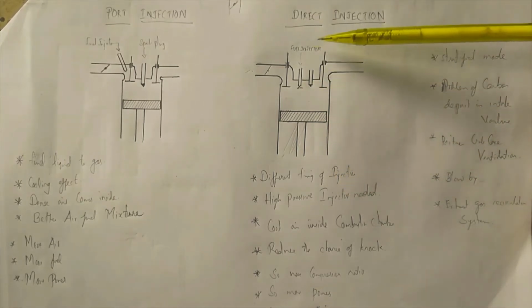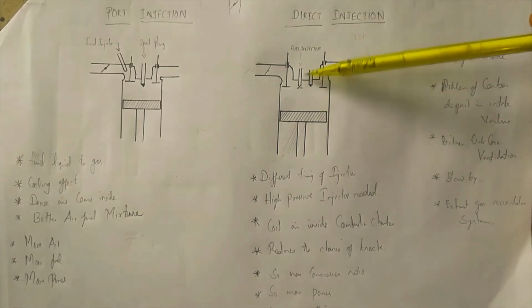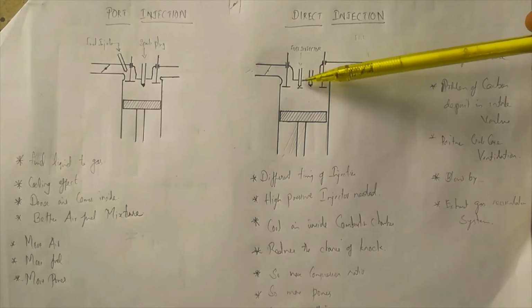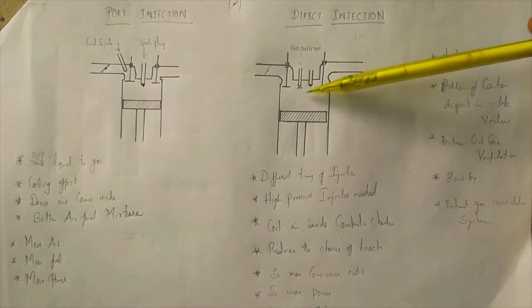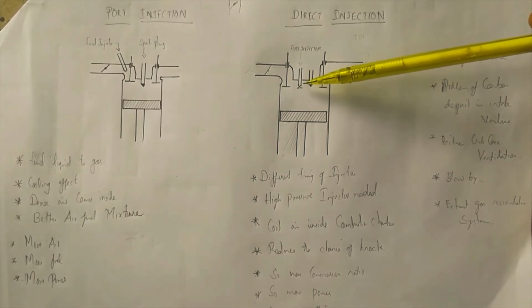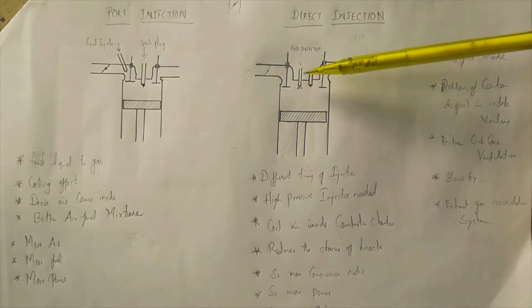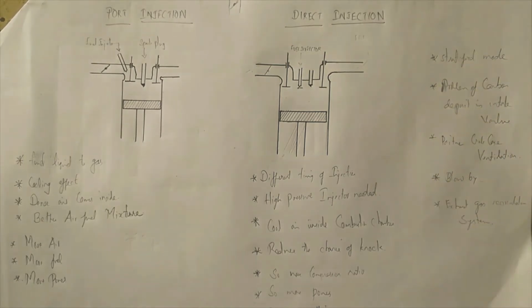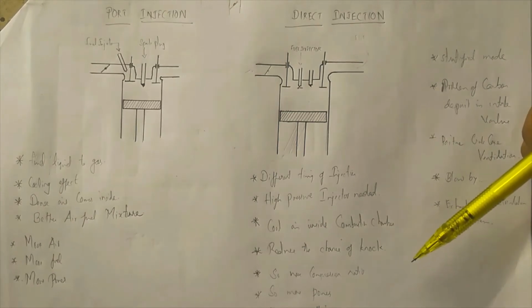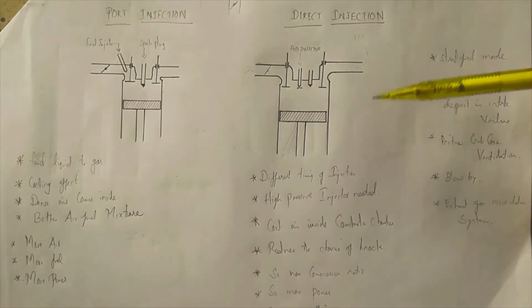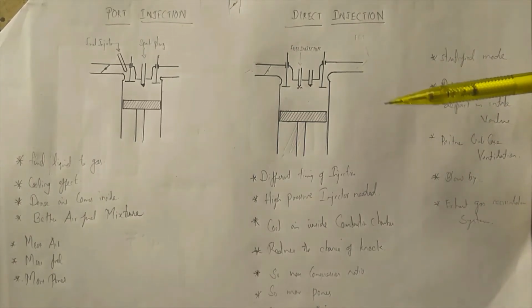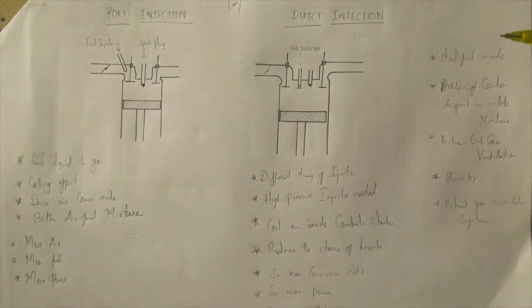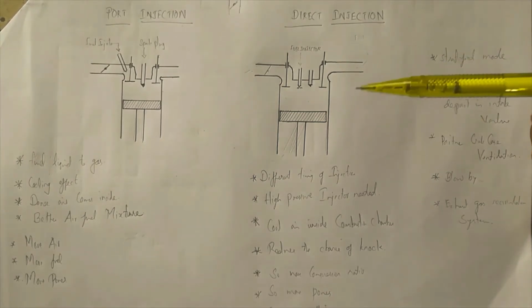Then in direct injection, the injector is exactly in the combustion chamber, so it should be capable of withstanding that pressure. It should be a high pressure fuel injector. And as I said, it reduces the chance of knock. If we can reduce the chance of knock, we can definitely increase the compression ratio.